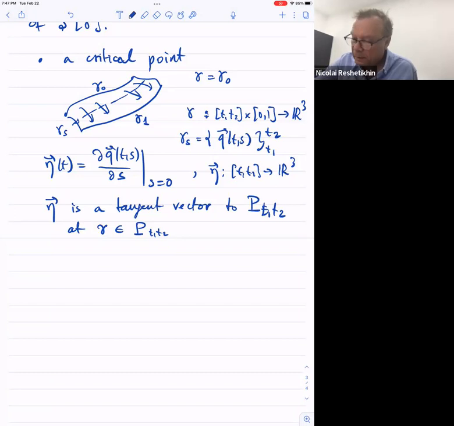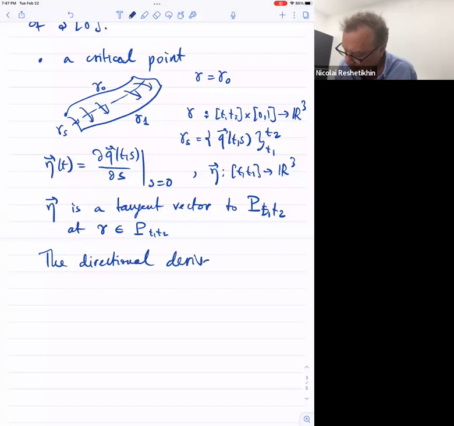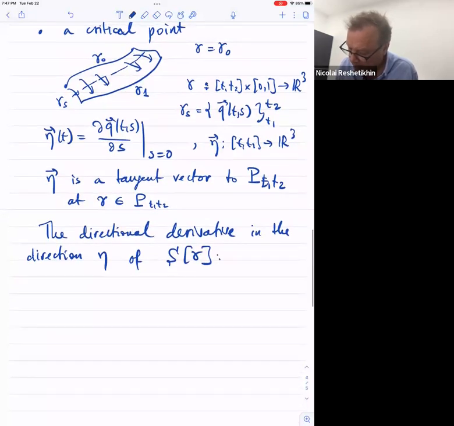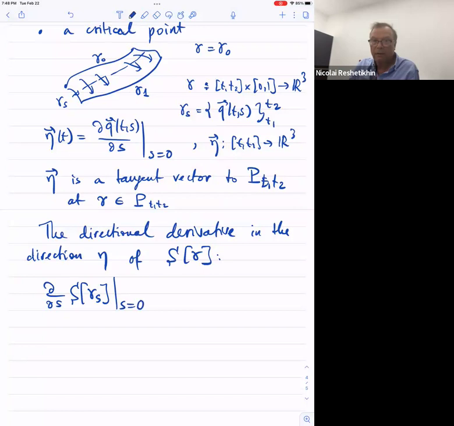So now I want to define the directional derivative in the direction eta of our functional S. It's the most natural thing you can imagine. You take this family of paths and differentiate the functional at s equals 0.